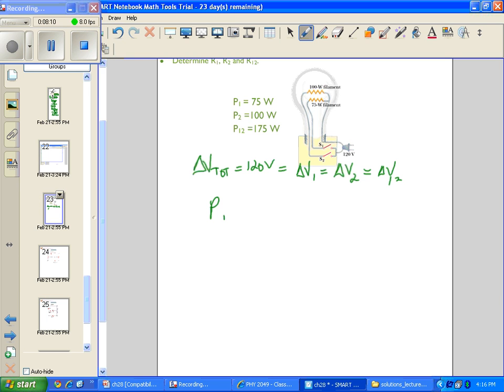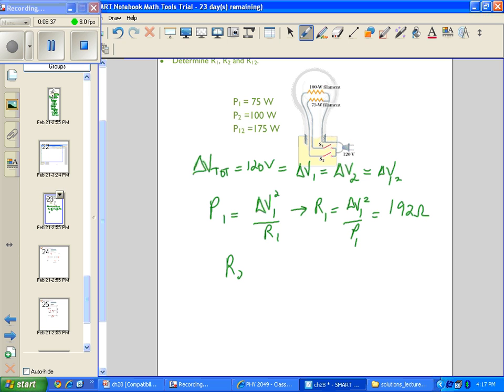Using the expression P1 equals delta V1 squared over R1, since we know delta V1 and R1, we choose to use this form for power. We can solve for R1 equals delta V1 squared over P1, and that gives us a value of 192 ohms.